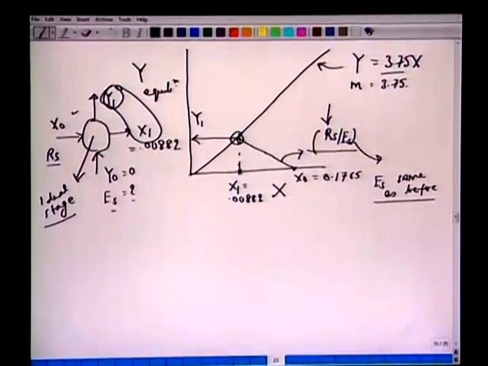Suppose the same problem says that we know the amount of Rs and we know the amount of Es. Graphically, all you will do is take the slope, it is a cross current. You write down the material balance, and you will get a negative slope here. If you write down the equations as y equals mx plus c, you should convince yourself that we are getting a negative slope.